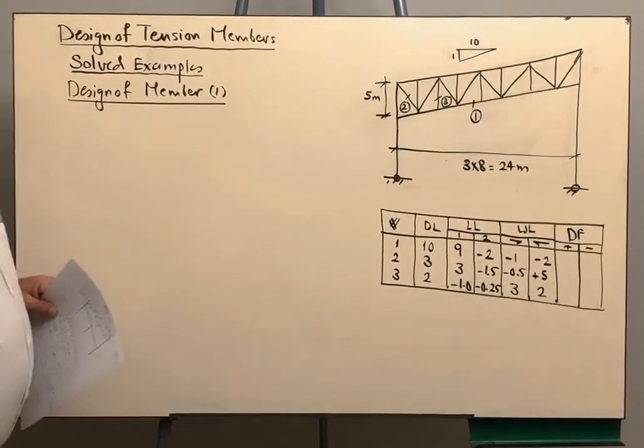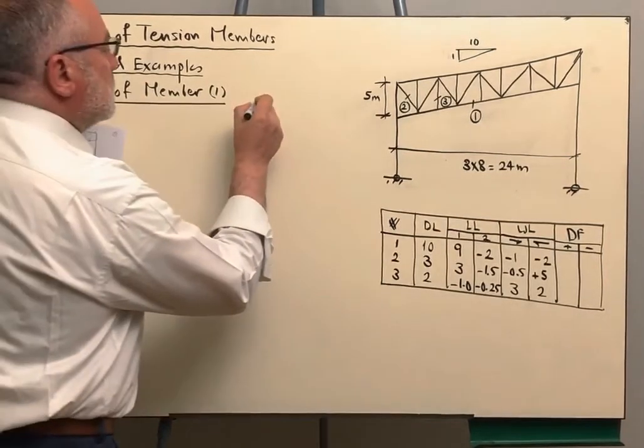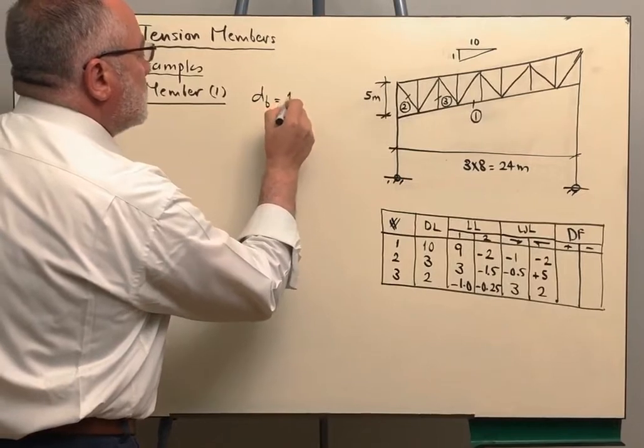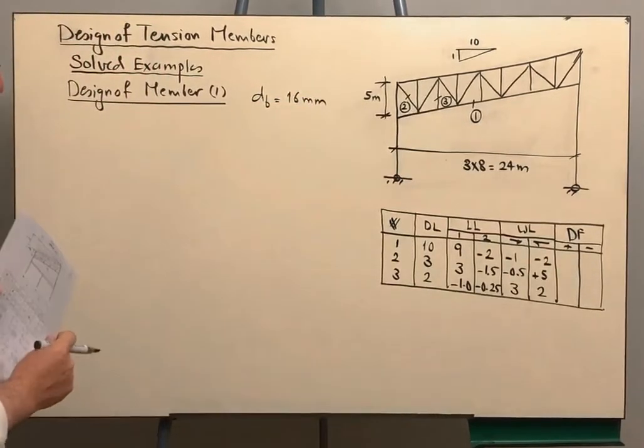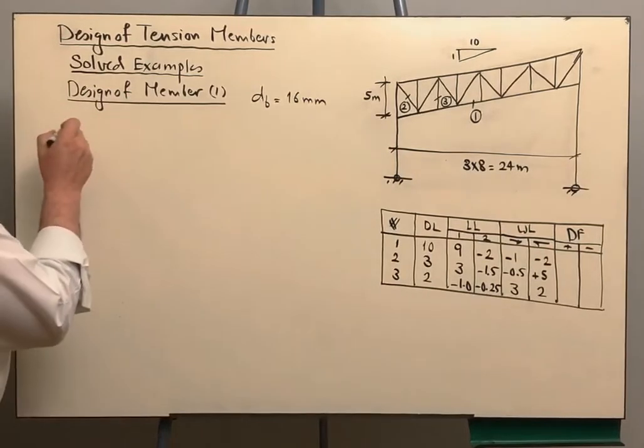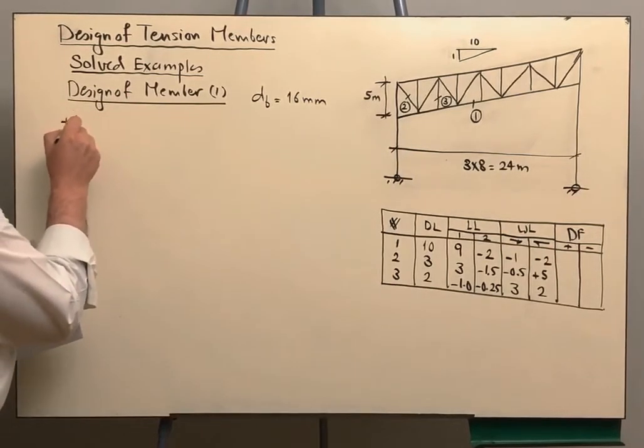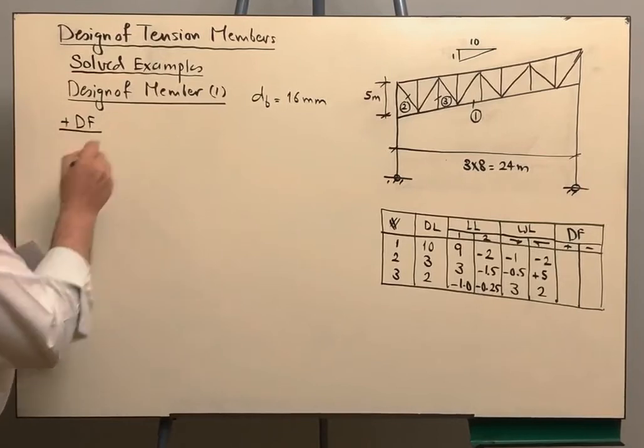Let's assume that it's given to us in the problem that this member is bolted and the bolt diameter is 16 millimeters. Okay? Let me first determine the positive design force.